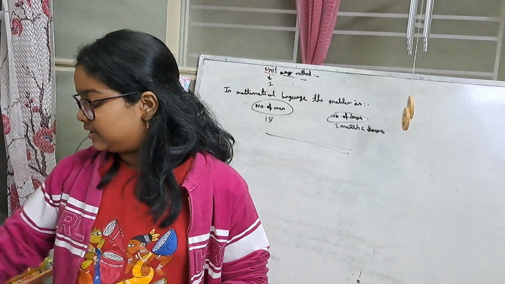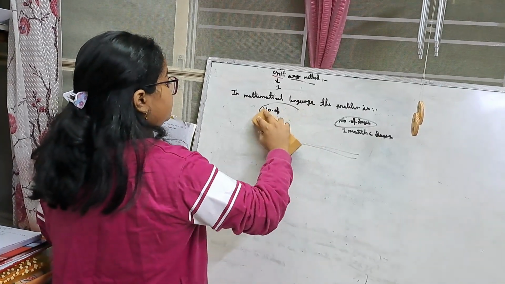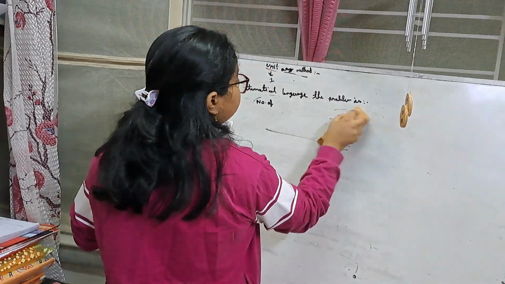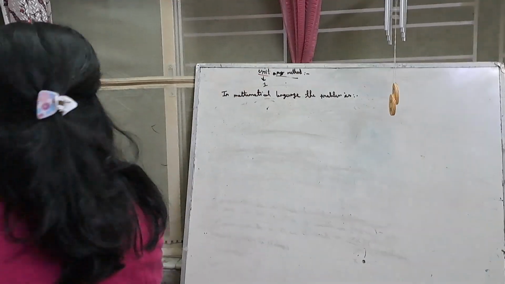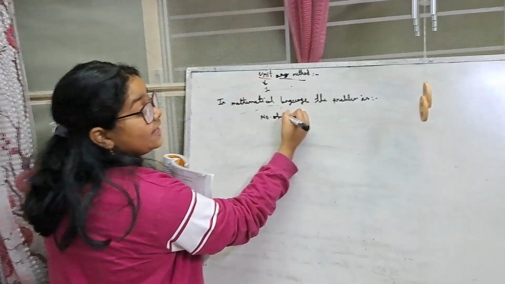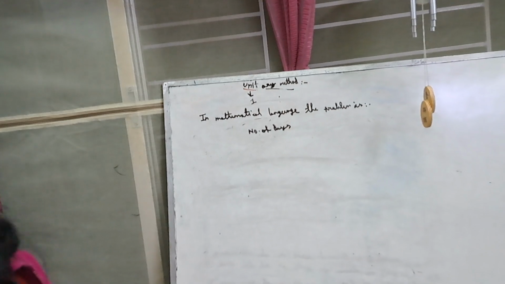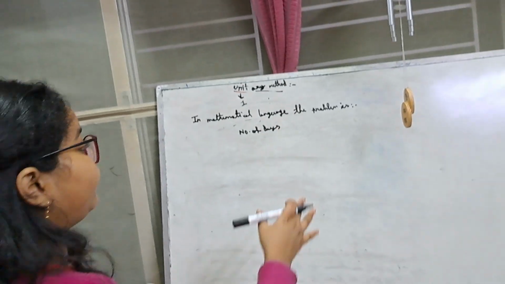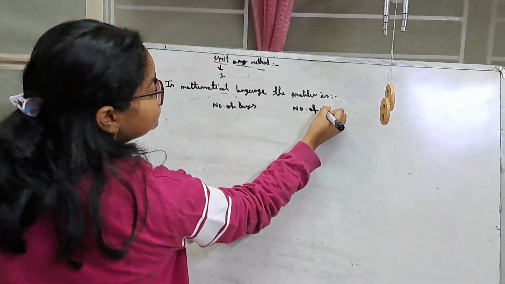So we have to write number of days on the left hand side, because what we are given we write on the left hand side, and what we want to find we write on the right hand side. So number of men.